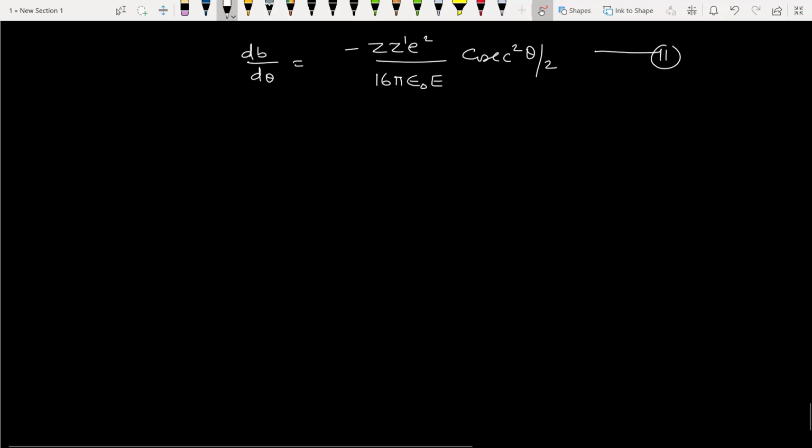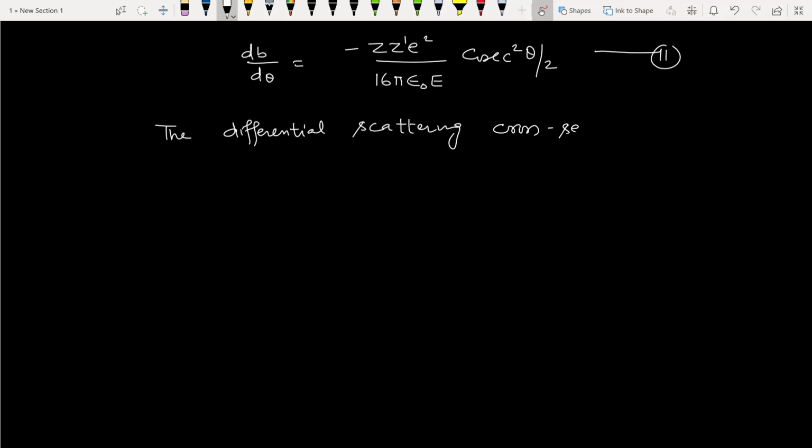So as we know, the differential scattering cross section, represented with the sigma symbol, is given by minus b upon sine theta, dB upon d theta.